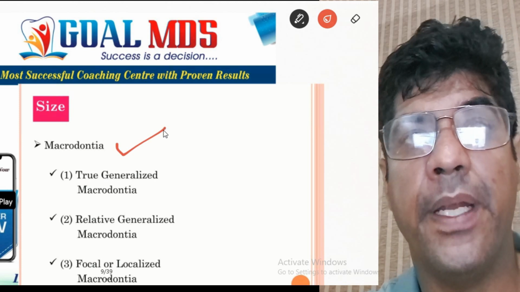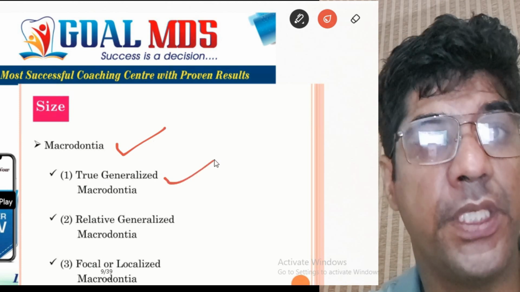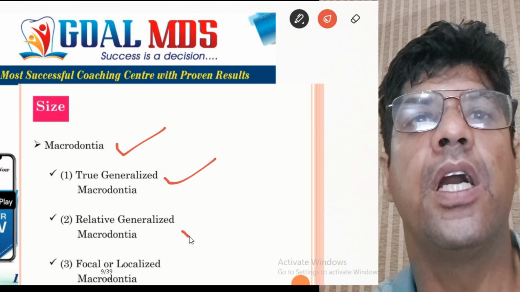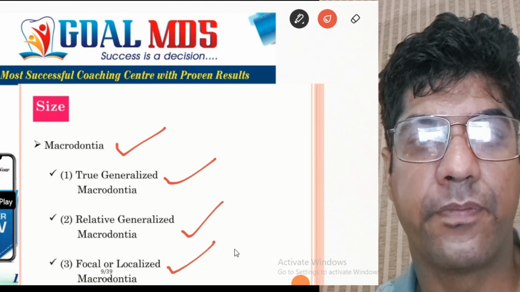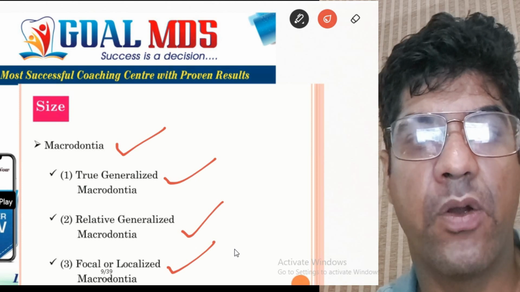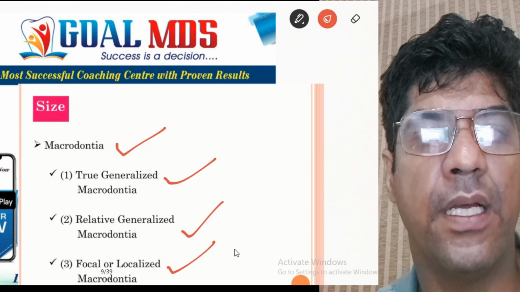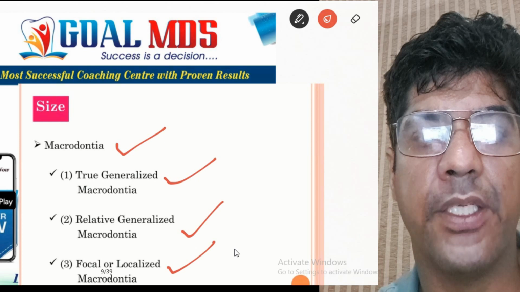Similarly, it can be true generalized macrodontia, relative generalized macrodontia, or localized macrodontia. True generalized macrodontia is the condition when all teeth in the mouth are larger than the usual size.